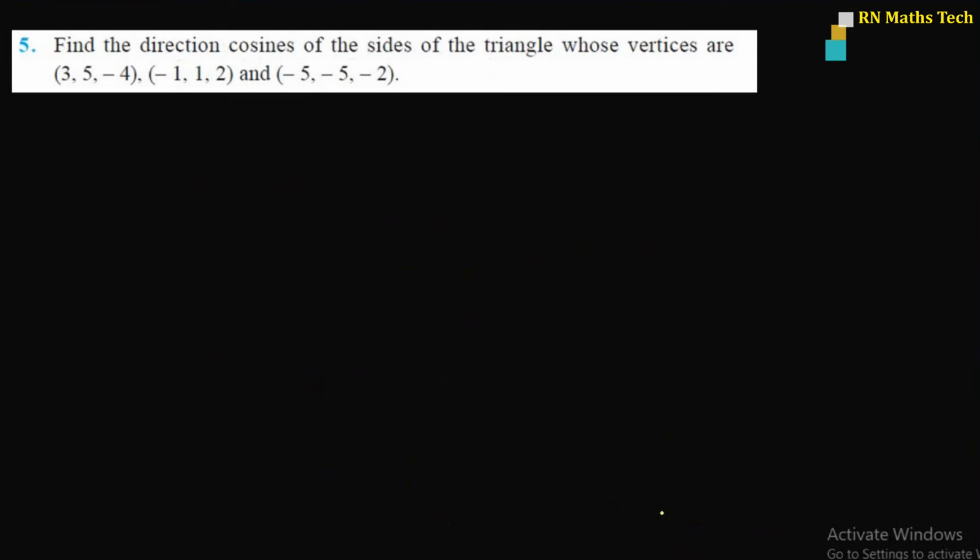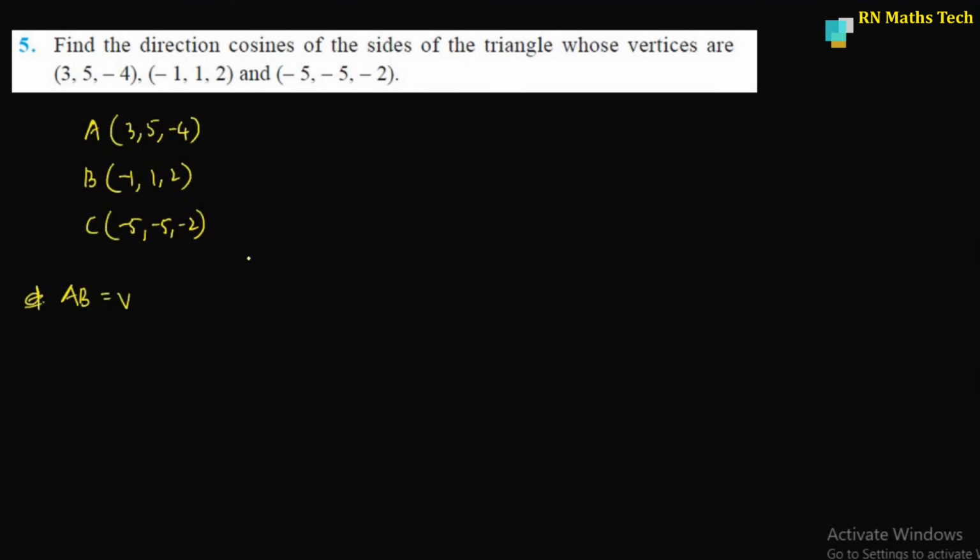Okay. Now see the fifth one. Find the direction cosines of the sides of the triangle whose vertices are A is 3, 5, minus 4, B is minus 1, 1, 2, and C is minus 5, minus 5, minus 2. To find the direction cosines, we have to find the distance.